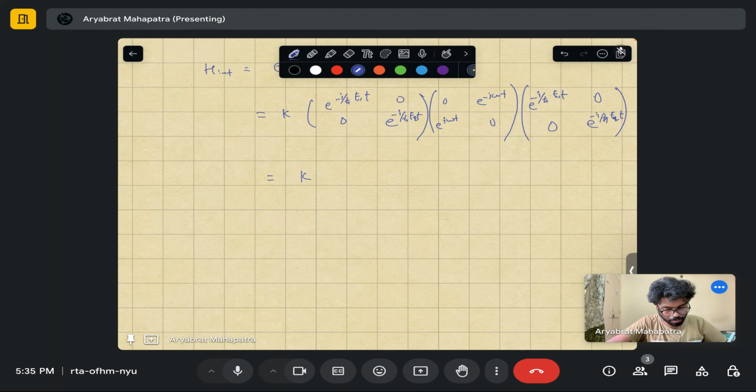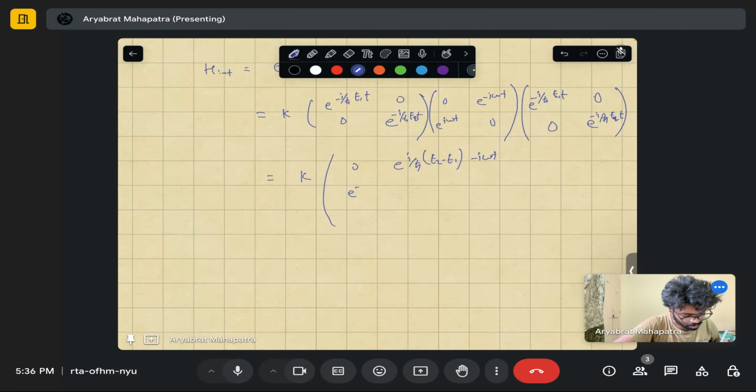So here I can directly write the form. You multiply these three matrices and then you will get something like 0, i/ħ (E2 minus E1) t minus i omega t, and then e to the minus i/ħ (E2 minus E1) t plus i omega t, 0.